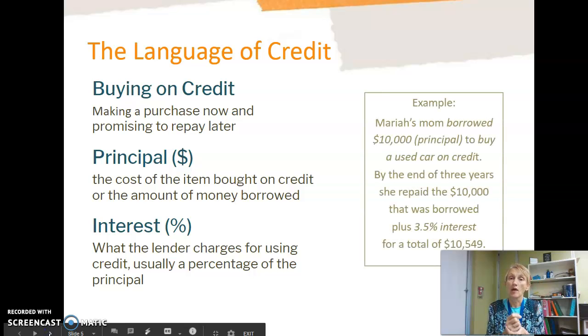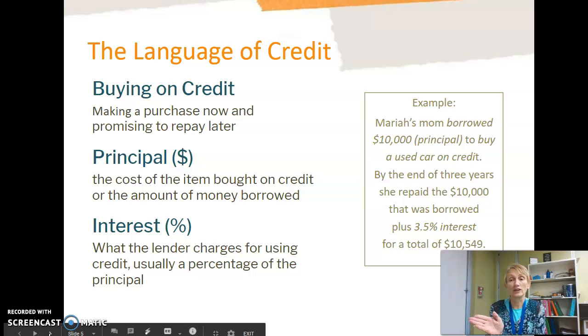So here's an example. Mariah's mom borrowed $10,000, so that's the principal, to buy a used car on credit. At the end of 3 years, she repaid the $10,000 that was borrowed, plus 3.5% interest, for a total of $10,549. So to get that $10,549, they've taken 10,000 times 0.035, so I changed the percent to a decimal by moving it 2 places to the left, times 3 for 3 years.